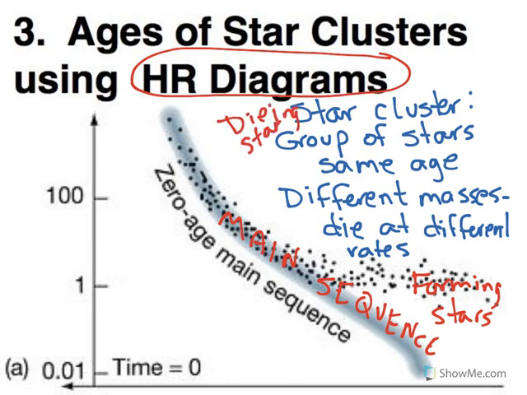So where we see giants, dying stars, main sequence, forming stars, which of these we see is going to tell us how old that cluster is.